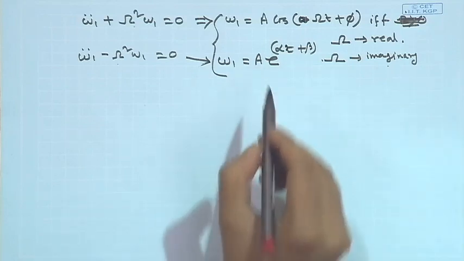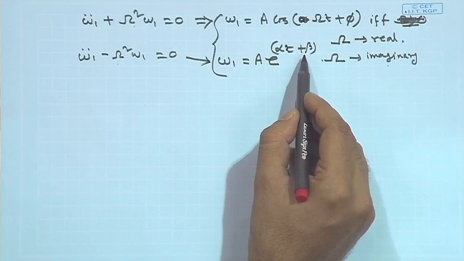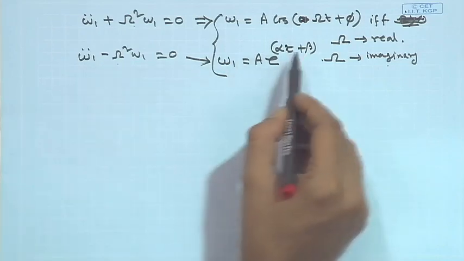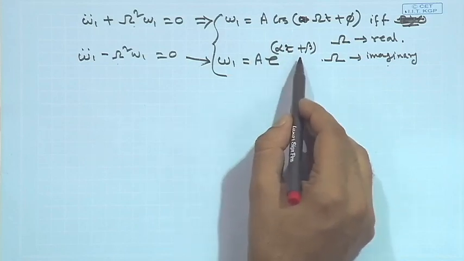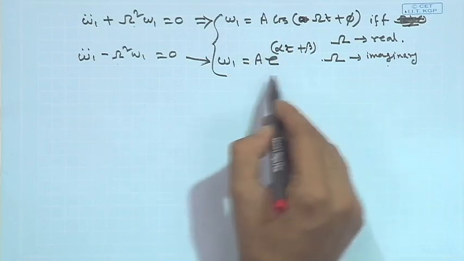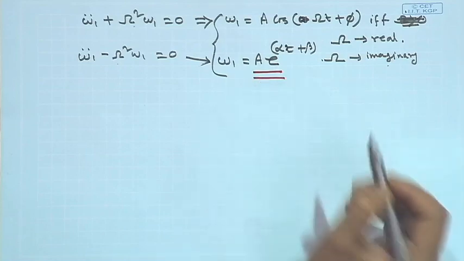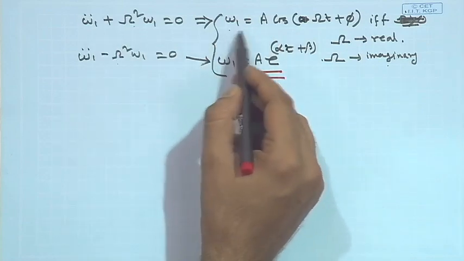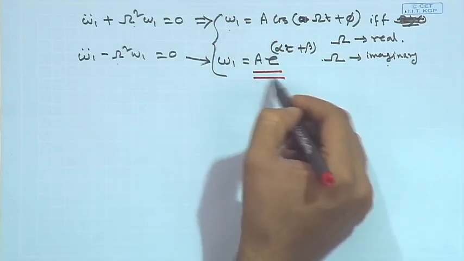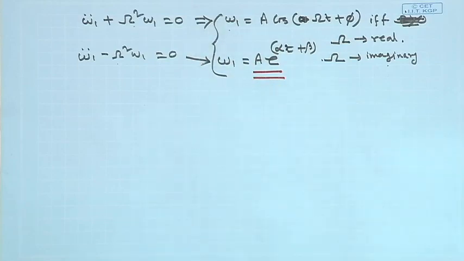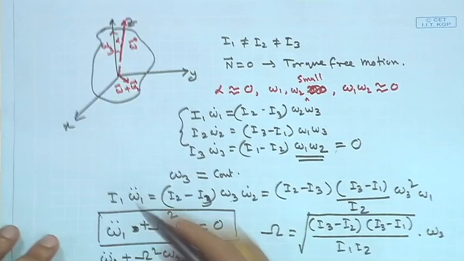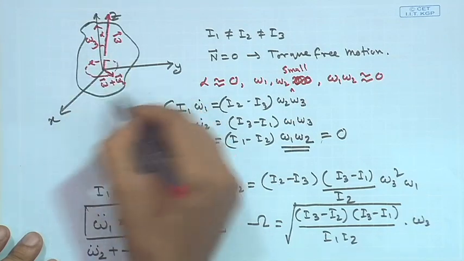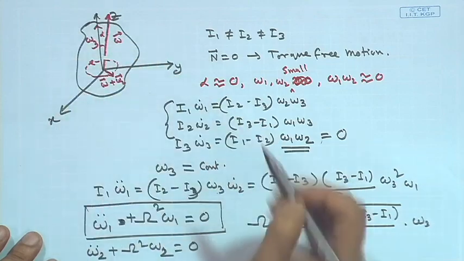What is important is, if we get a solution of this particular exponential form, that means omega 1 and omega 2, similarly, the same thing happened with omega 2 also, will not have oscillatory nature. That essentially means omega 1 and omega 2 will not execute a circular motion around the body z axis.